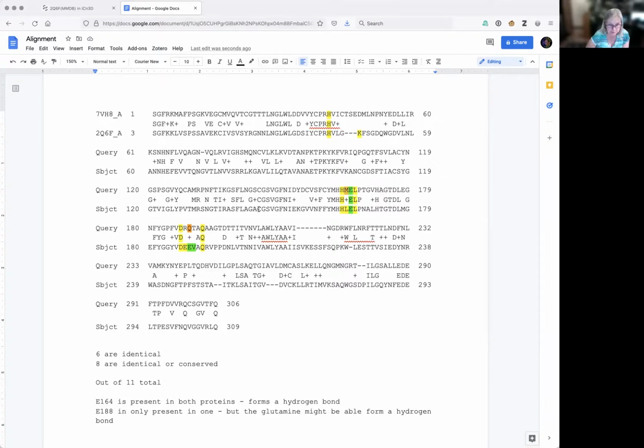And this one is actually forming 2 of the hydrogen bonds. So 3 out of the 4 hydrogen bonds could be formed. And I also know that 8 out of the 11 amino acids in the binding site are present. So I'm going to go with, this is pretty likely that it's going to be able to bind the inhibitor. And that's it. Thanks.